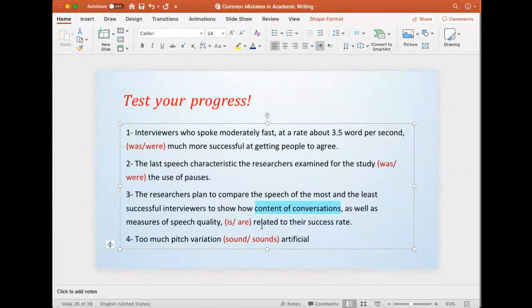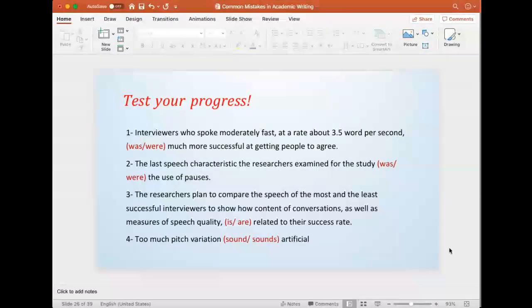All the other information is just extra. Too much pitch variation sounds, and the last one is sound, exactly. Wonderful.